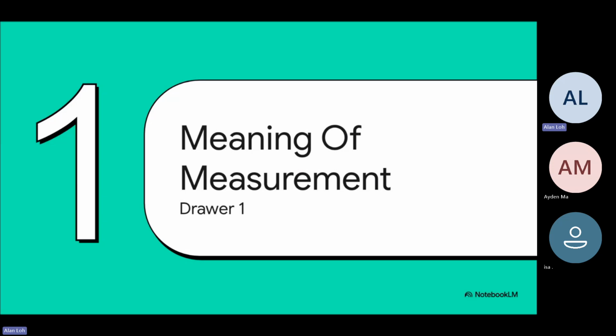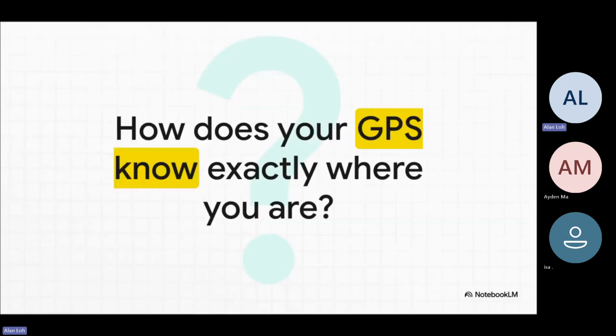All right, drawer 1, the meaning of measurement. So let's frame this with something you probably use every single day. How does your GPS know exactly where you are on the map? It's not magic, right? It's actually a physical mystery solved by incredibly precise measurements. It determines your location simply by measuring time and distance using satellites.